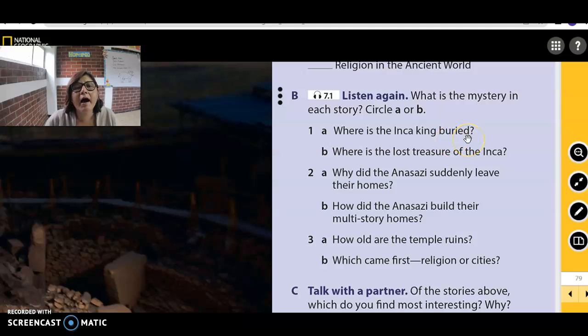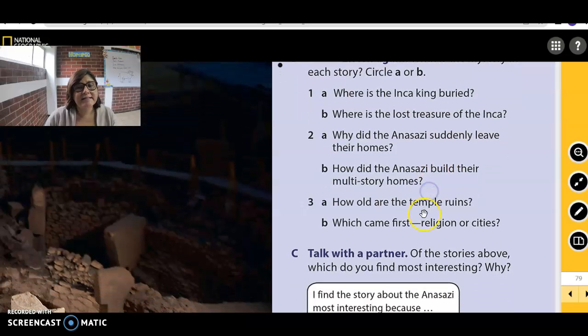Buried. Buried is the correct pronunciation. Treasure. Suddenly. Temple. Yes?